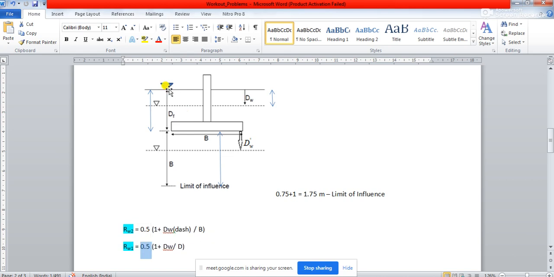That means when the water table reaches the ground level exactly, the soil above the base of the footing and the soil below the base of the footing, the total soil, will be under submerged condition. So at this point, the value of Rw2 will be equal to 0.5 as well as your Rw1 will be equal to 0.5. Is it clear now to everyone?